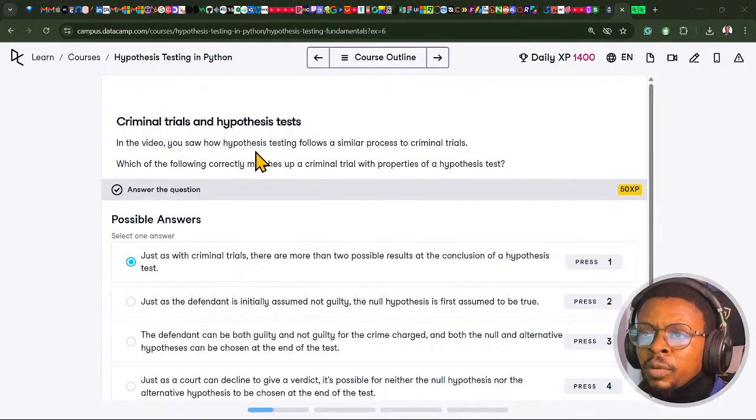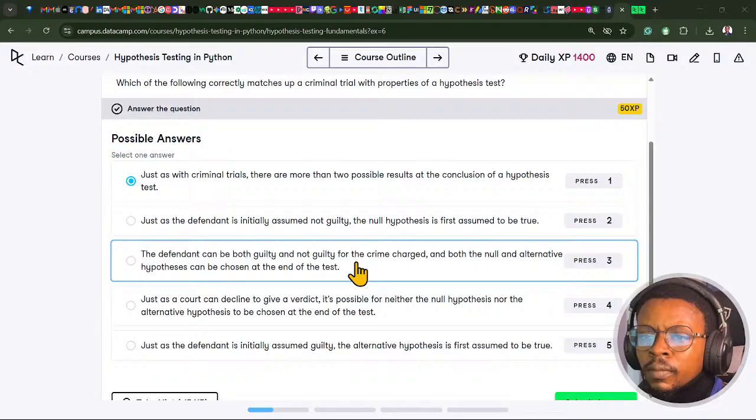So in this video, you saw how hypothesis testing follows a similar process to criminal trials. Which of the following correctly matches up a criminal trial with properties of a hypothesis test? I'm just reading it real quick.